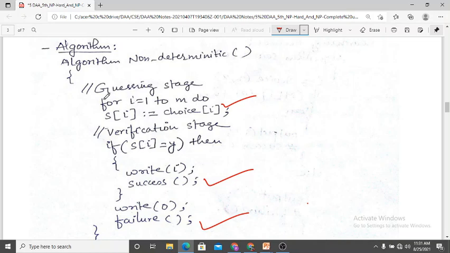So we have just completed the guessing stage and the verification stage. The guessing stage is non-deterministic and the verification stage is deterministic. In this we are using the three things: choice, success and failure. So this is the simple algorithm we need to write at the time of the exam.